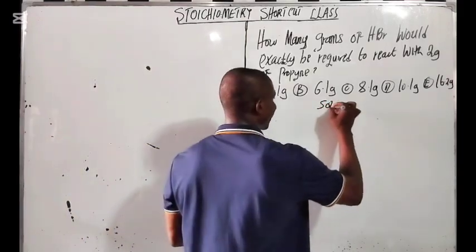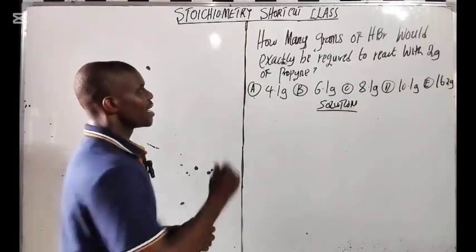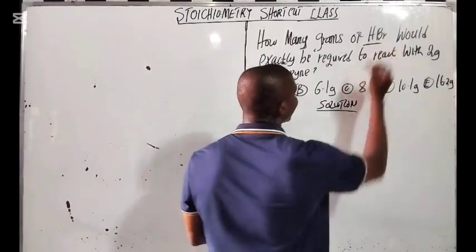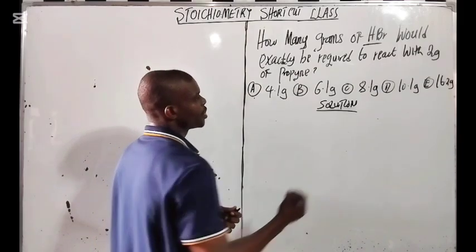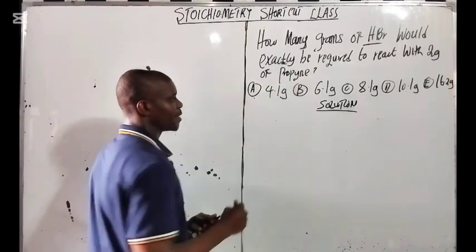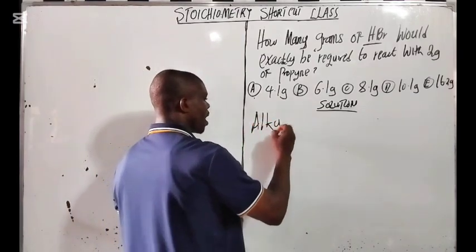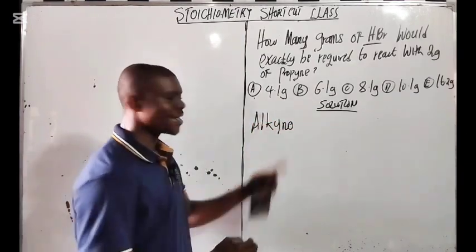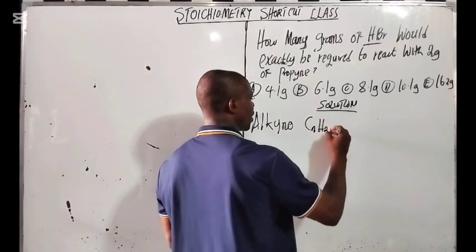So our main mission here is to get a balanced chemical equation. The question is: how many grams of hydrogen bromide will react with 2 grams of propane? So what is propane here? Propane is an alkyne group, right? And the general molecular formula of the alkyne is CnH2n-2.